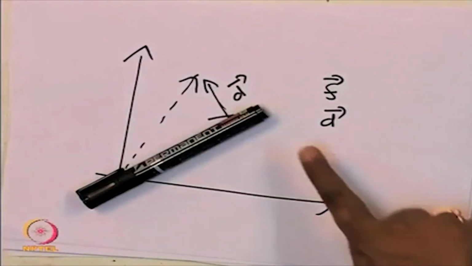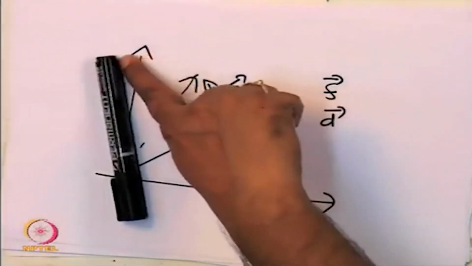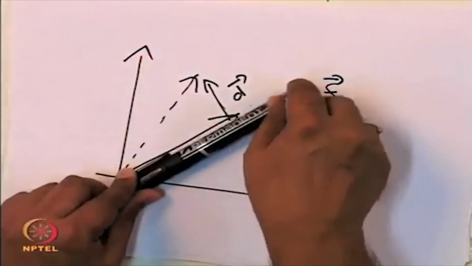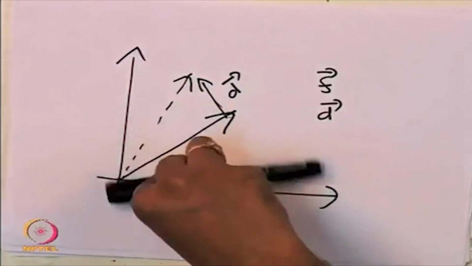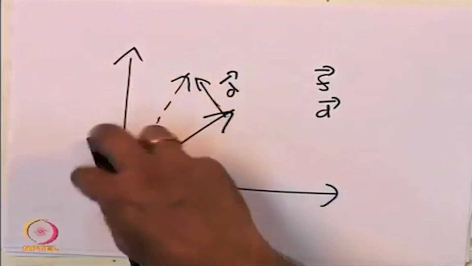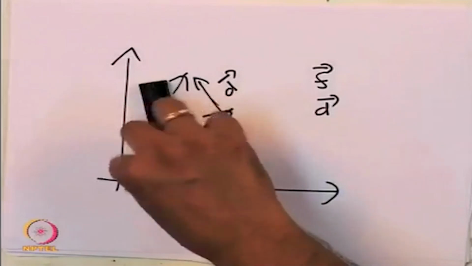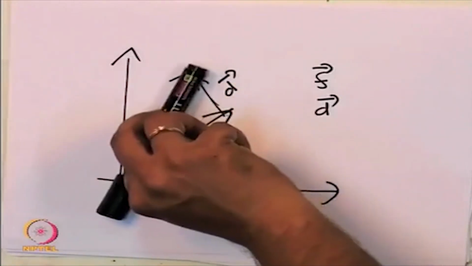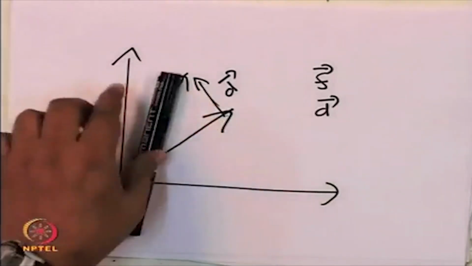Again, if I look here, I can apply a force and then move this in a particular way. Something can rotate in a particular way. Let us say this way of rotating is a counterclockwise rotation. I can also apply a force and rotate it in a clockwise direction.